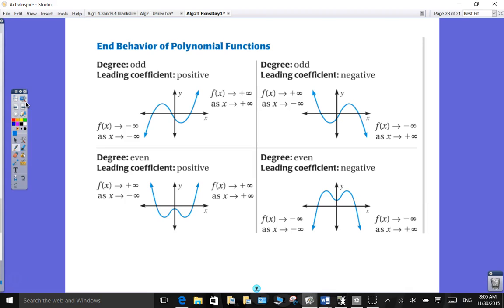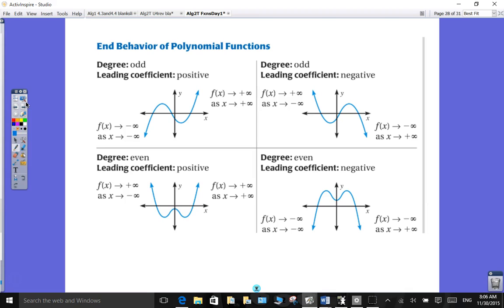Now, how do you know which one it'll be? You know it by whether or not the leading coefficient is positive or negative. Okay, leading coefficient is positive, it'll go like that. Leading coefficient is negative, it'll go like that.